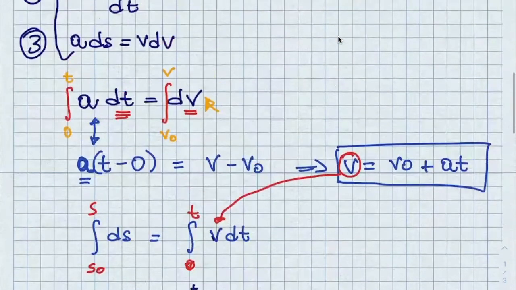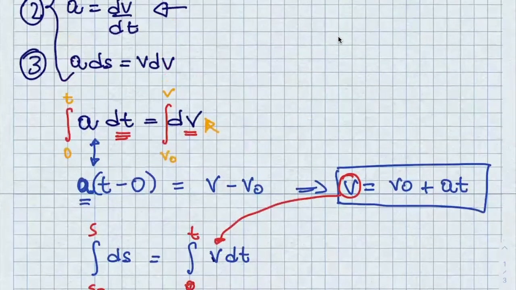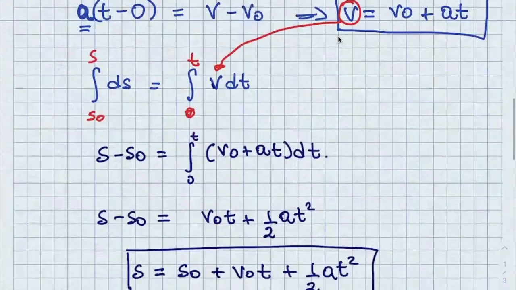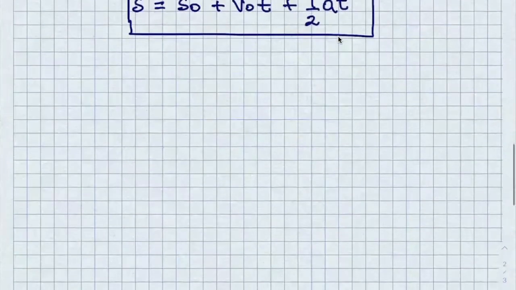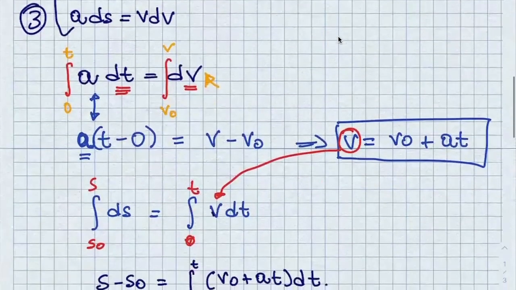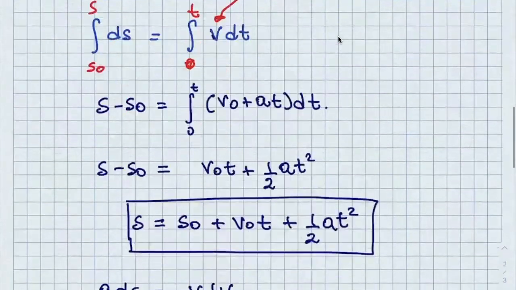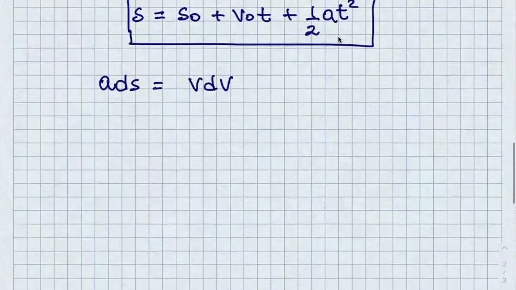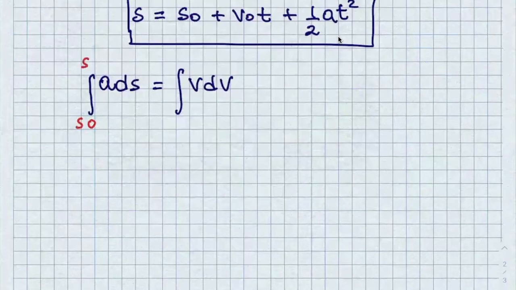And now we just need to do equation 3. For equation 3, we have a ds equal to v dv. Just make sure, a ds equal to v dv. And we integrate again like we did, s naught to s, and v naught to v.